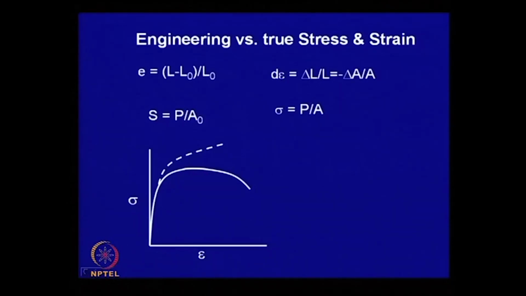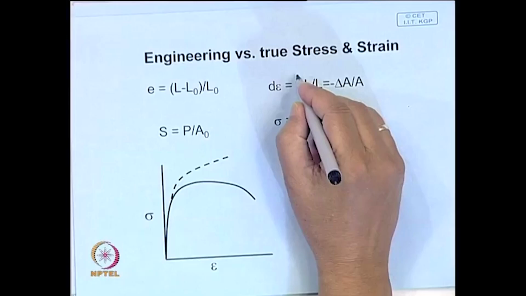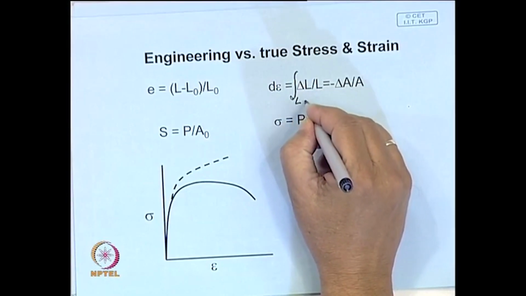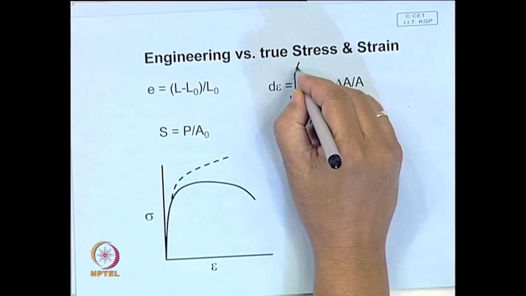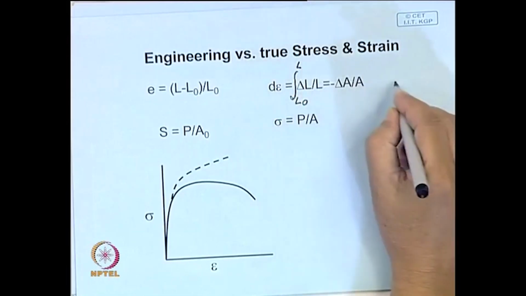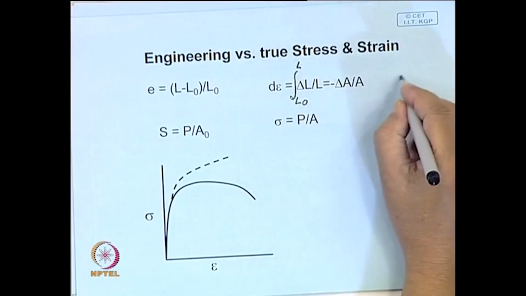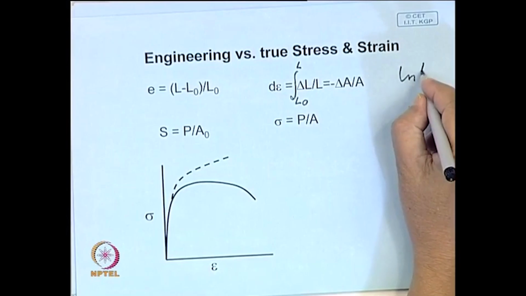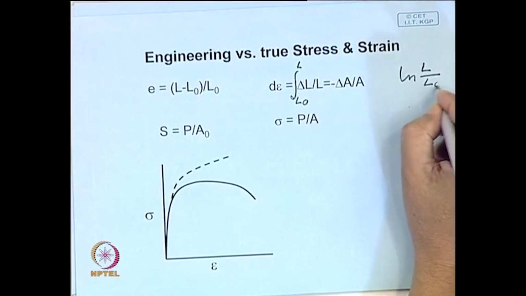And quickly I can show this here. Suppose I integrate it from the initial length to the final length, or length at any instant, then this will be ln L over L naught.